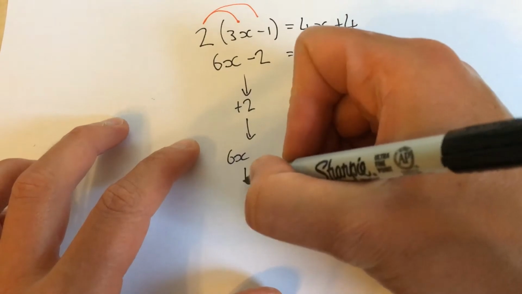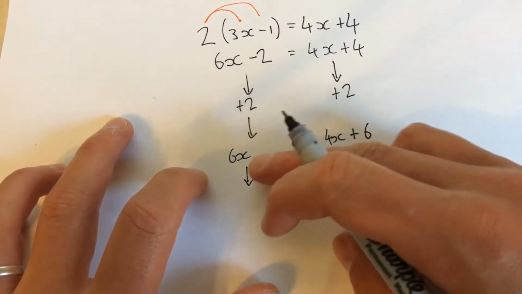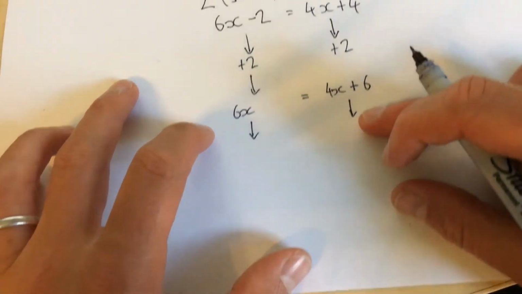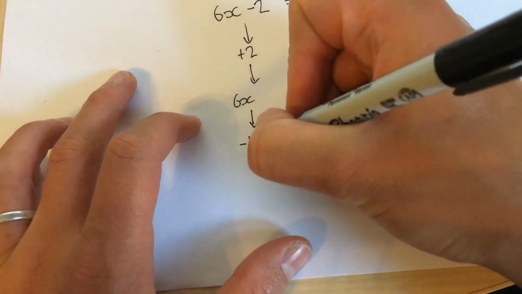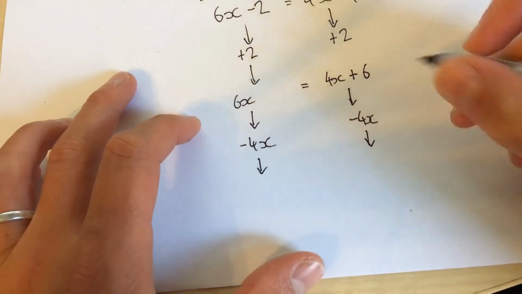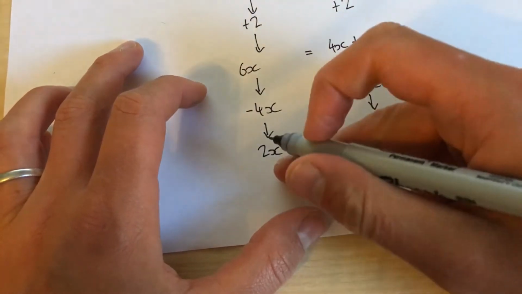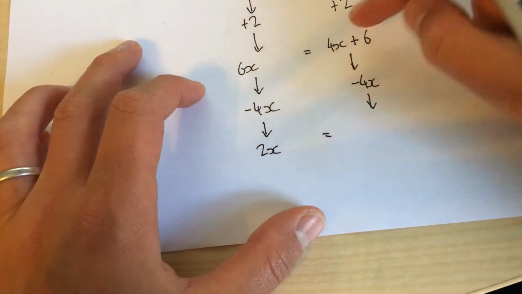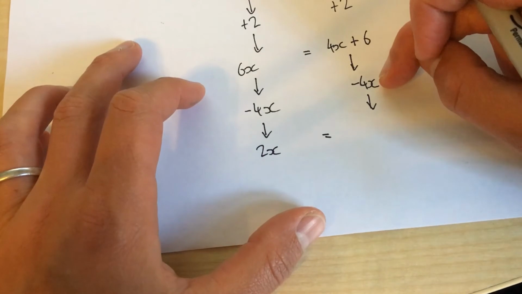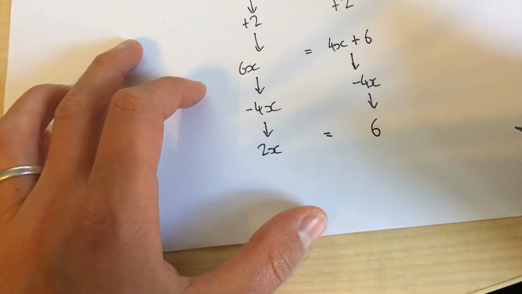And then I noticed that looking at the blue blocks that I had 4 blocks in both of them. So if I take away 4x as my next act, I do that to both sides of the equation, then I'm left with 2x on the left hand side, and that equals 4x minus 4x is 0, so I'm only left with this positive 6.